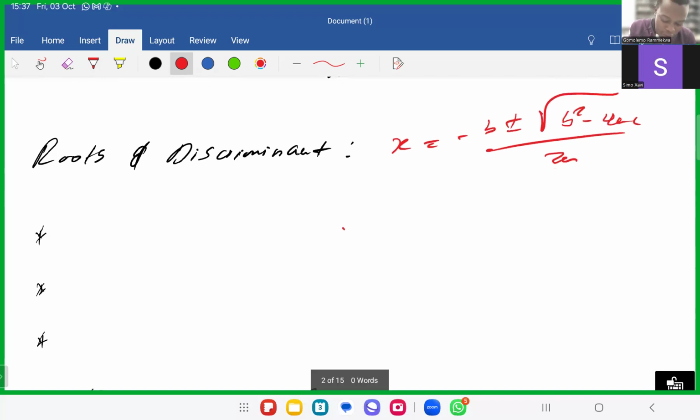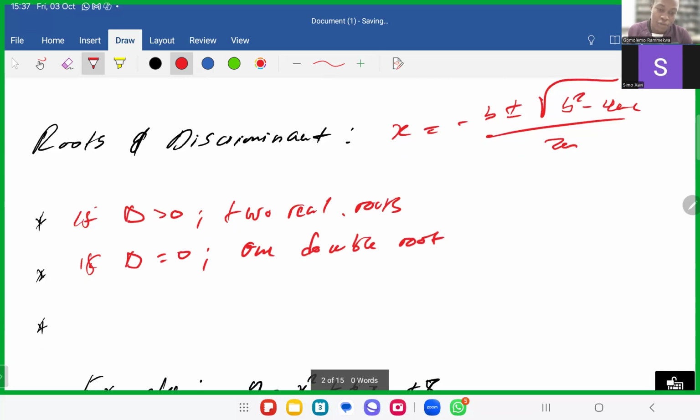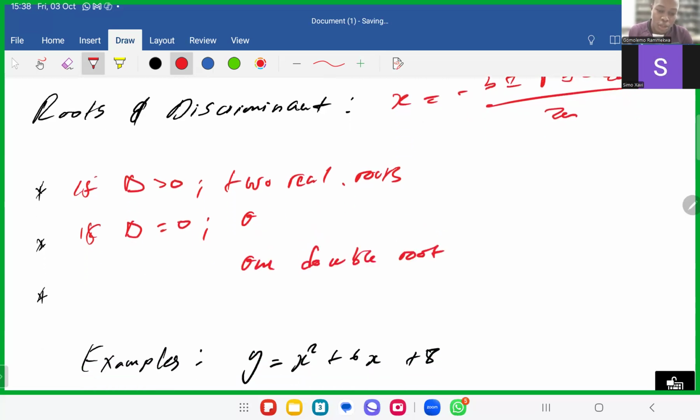If the discriminant is greater than 0, the equation has two real roots. If the discriminant is equal to 0, we have one double root.